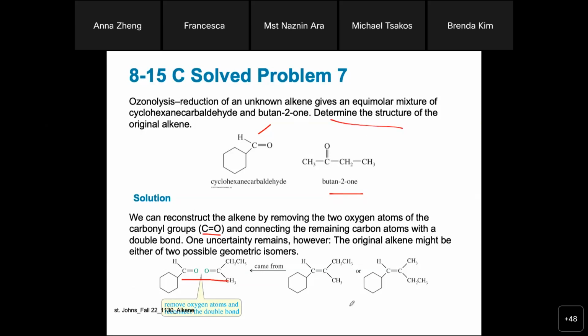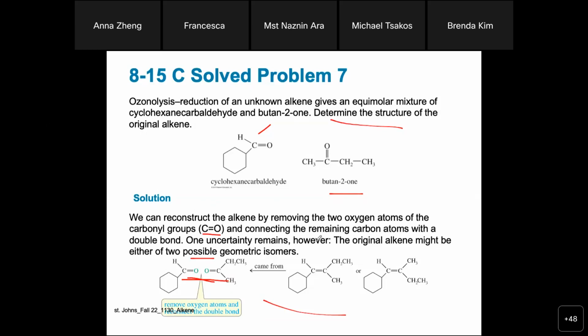Sometimes we will just flip it, and we will give the products and ask you to write what the original compound or original alkene was. So this is that kind of example. We need to know a little bit how it comes. I normally do not skip any single topic, so don't worry about it. That's why I'm telling you this chapter you need to review and practice. That will make the rest of the chapters very easy and familiar.